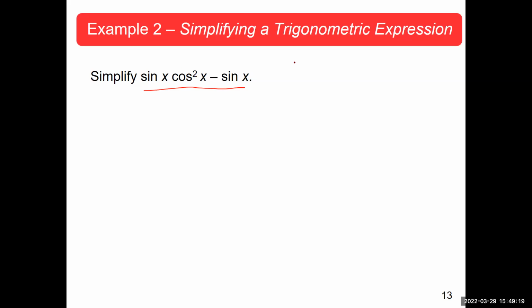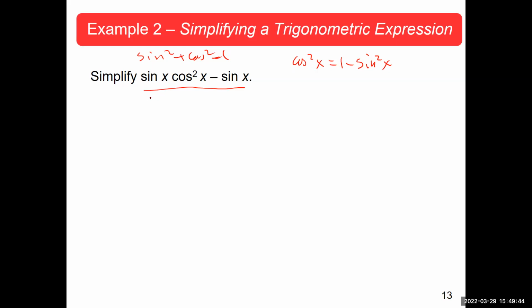We know that cosine square of x equal 1 minus sine square of x, correct? That's from the identity sine square plus cosine square equal 1. From here, we get cosine square x equal 1 minus sine square x.